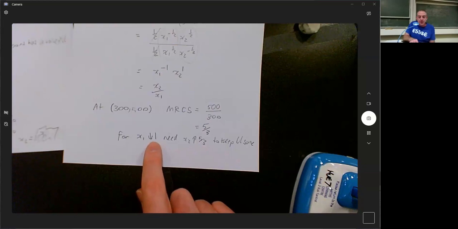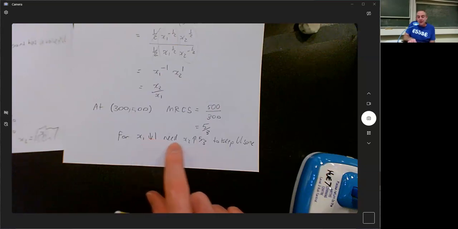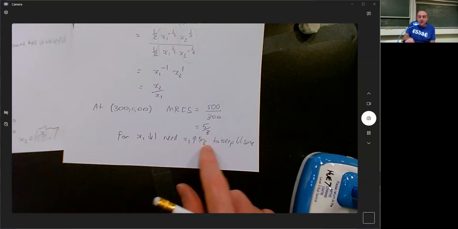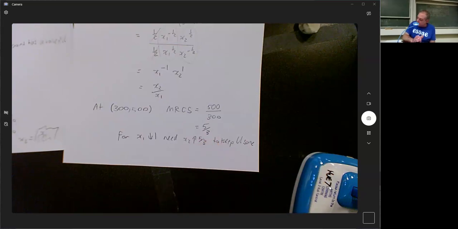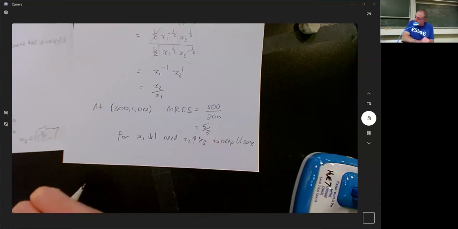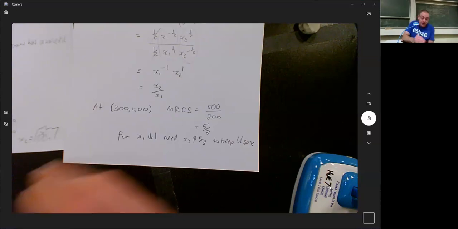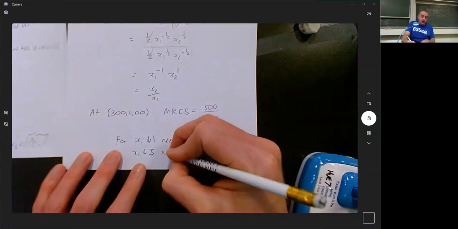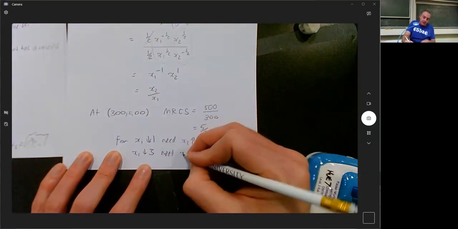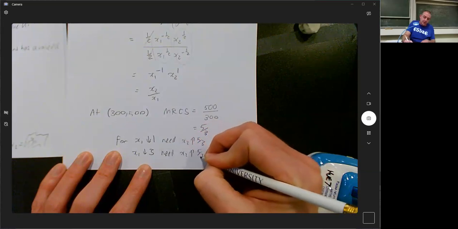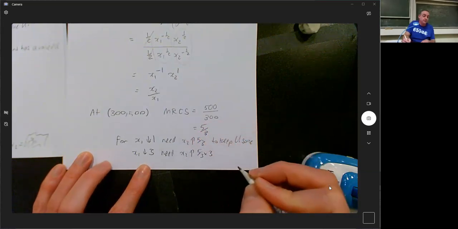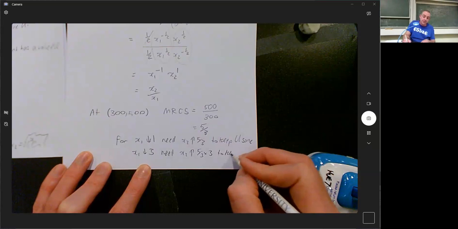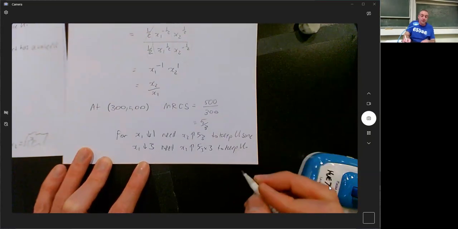And if it went down by 0.3, you'd have to go up by 5/3 times 0.3. And so this is saying that if you want to estimate the increase in x2 required to maintain the current level of utility when x1 decreases by 3, well, if x1 goes down by 3, we need x2 to go up by 5/3 times 3, which is 5.